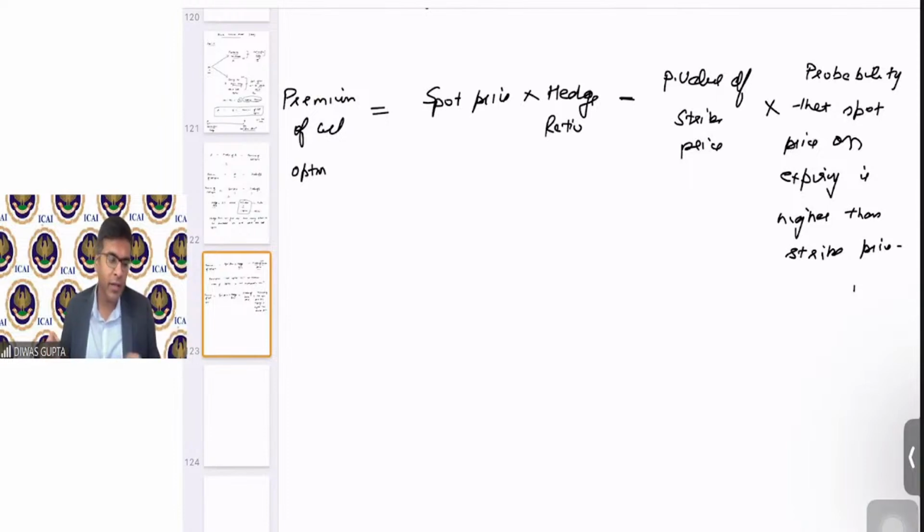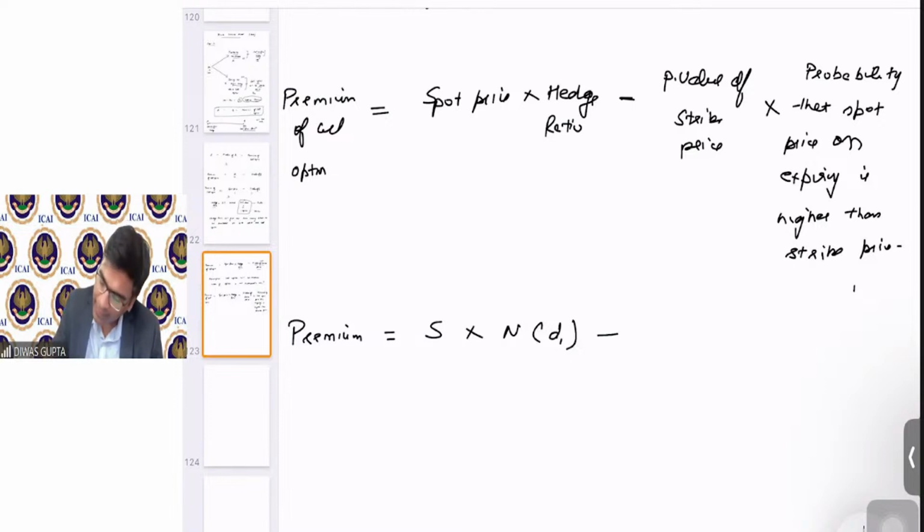Now we will rewrite this in terms of those notations. Premium is equal to S into N(d1) minus X e raised to the power minus RT.